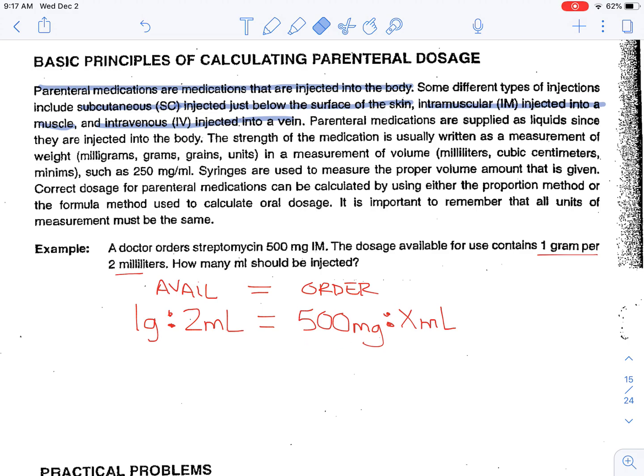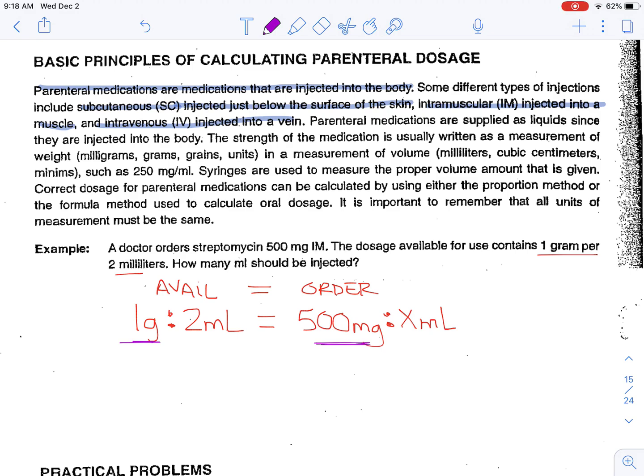One thing that we're always going to make sure that we do is look to make sure that our units match. This says grams and this says milligrams. So our units do not match, and we need to do a conversion to make them match.